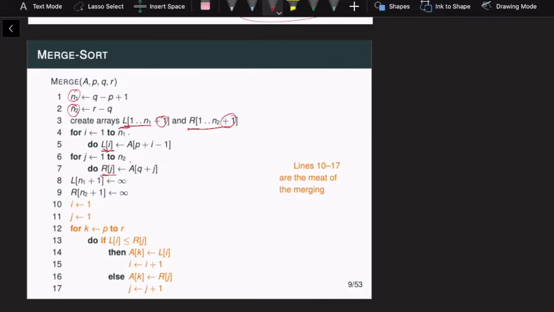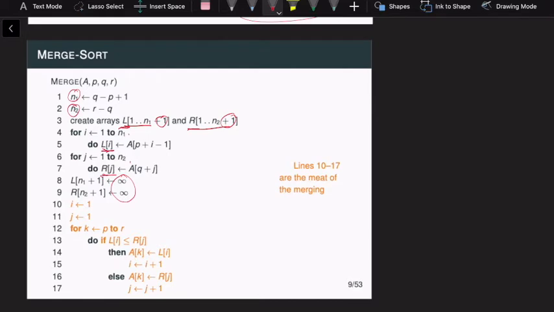And the last element, that plus one element, is going to be filled with infinities, because if we've run out of one of the arrays, we just want to keep the procedure going until we finish everything else from the other array.